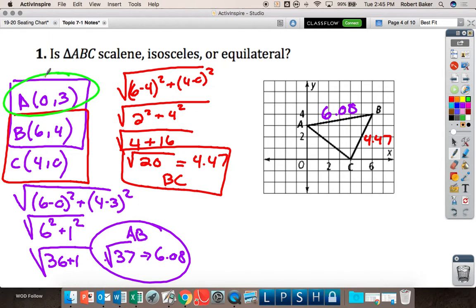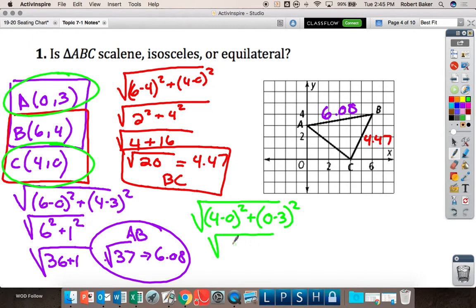Now we're doing A and C together. So it's the square root of 4 minus 0 squared plus 0 minus 3 squared. Okay, now I'm going to be really picky about this. 4 minus 0, 4. 0 minus 3, negative 3.